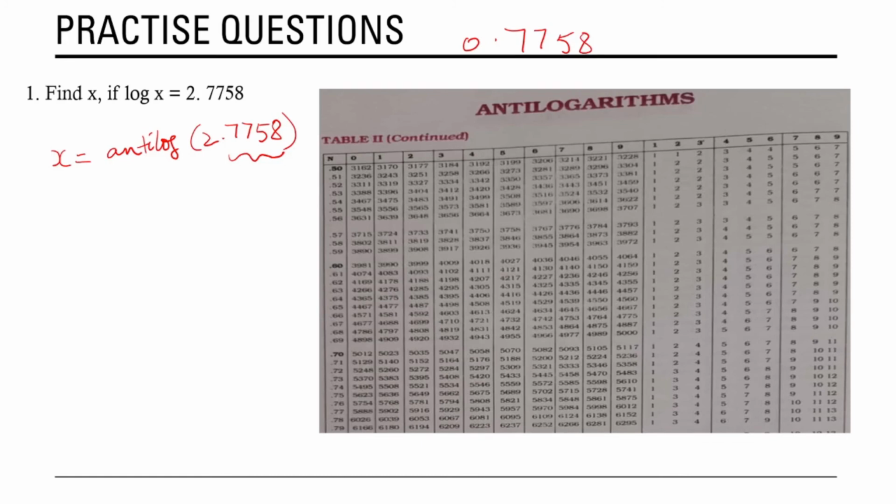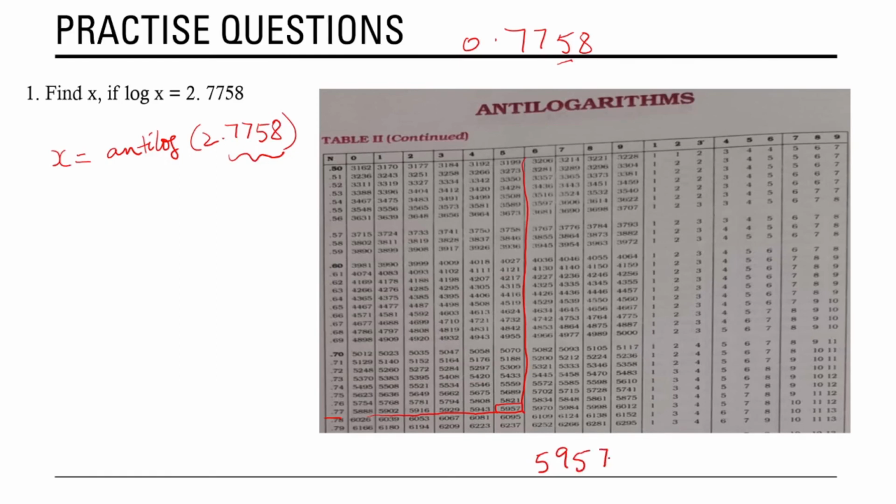Now the antilog of 0.7758: here we have 0.77 and the next digit is 5, so look into the fifth column. Here the number is 5957.